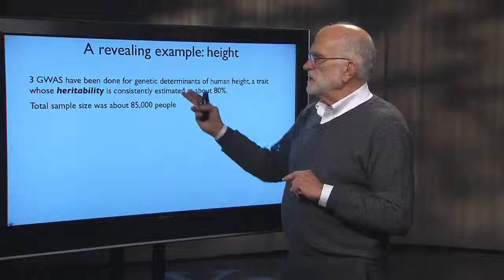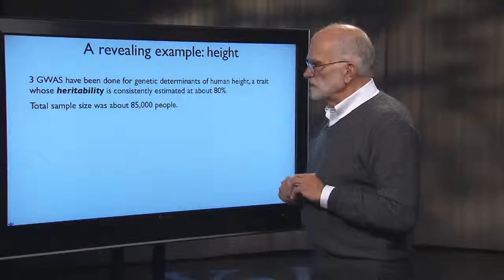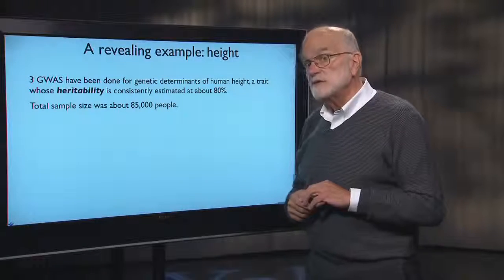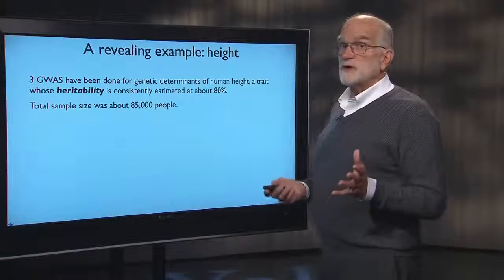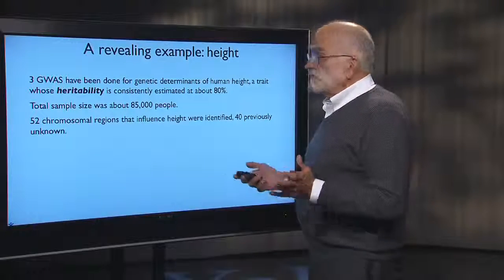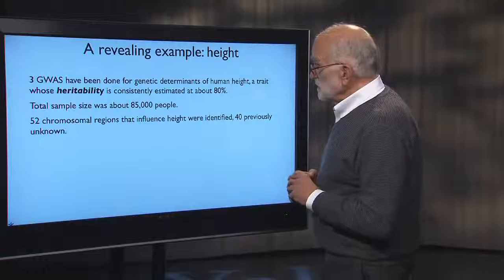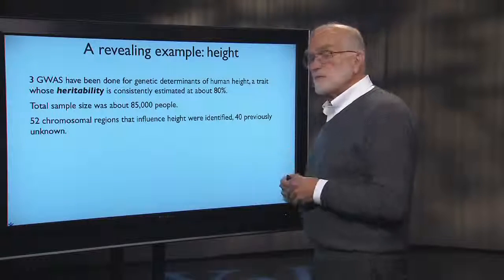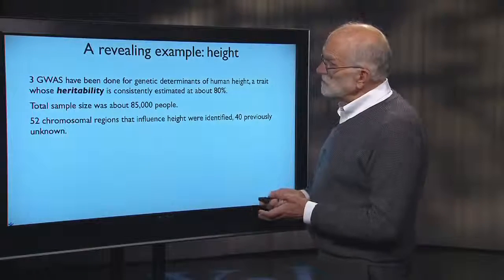It's inferring genetic effect from relatives. The total sample size for these 3 genome-wide association studies was about 85,000 people. So it's a pretty powerful study. They found 52 chromosomal regions that influence height. 40 of them were previously unknown, so that sounds good.